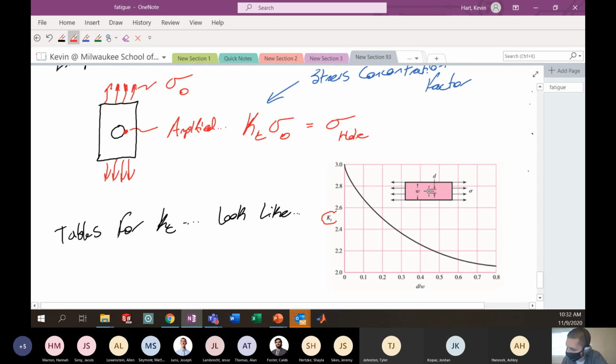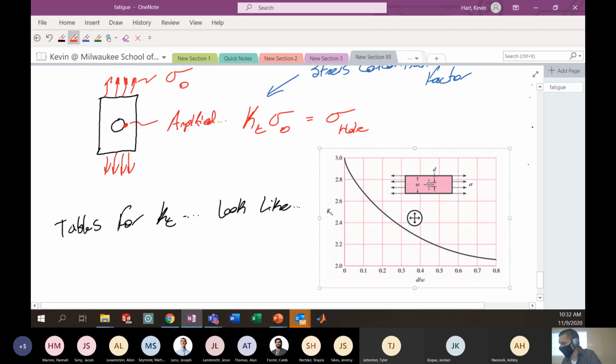But here, this is your stress concentration factor on the y-axis, given various dimensions of the plate. Your plate is some width W, and your hole has some diameter D. If the diameter of your hole is 50% of the width, then your stress concentration factor here is like 2.15, something-ish. So you would amplify the stress by a value of 2.15 around the hole to calculate what the actual stress around that hole is. The amplified stress, the stress concentration around that particular hole.